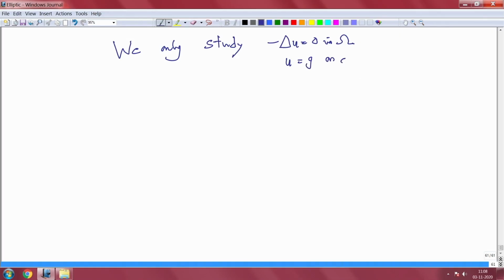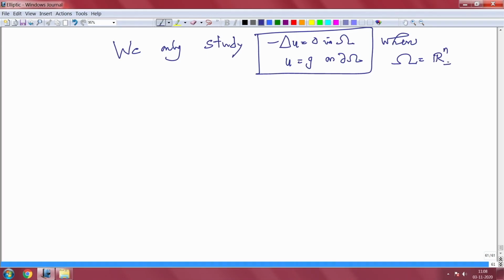This is the problem which we are going to study in this course, in only two cases, when Omega equal to R n plus or B r of x. First we are considering R n plus, and for B r of x naught we will do it in the next class.